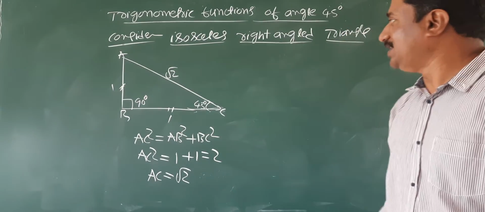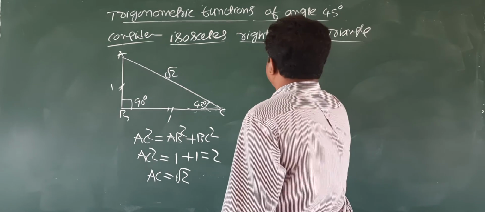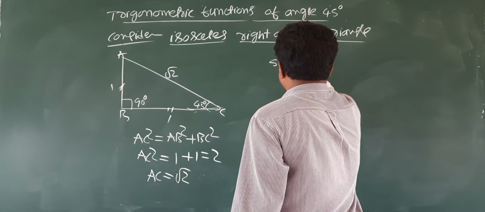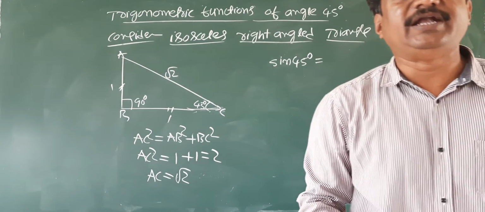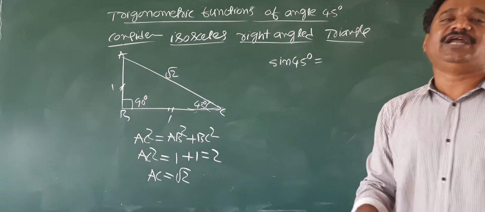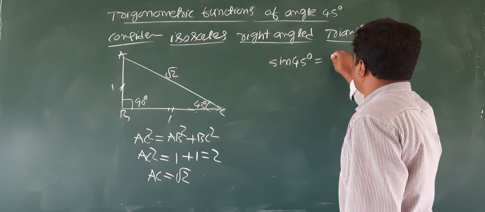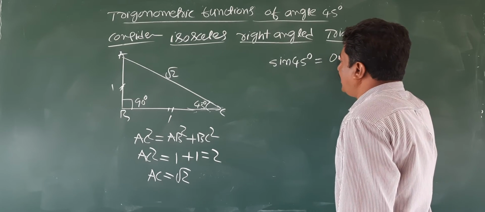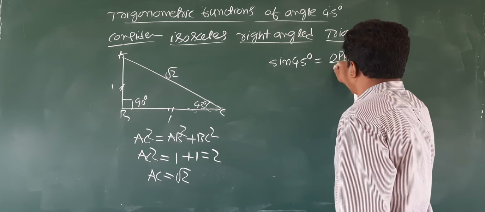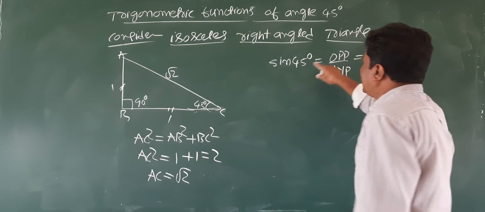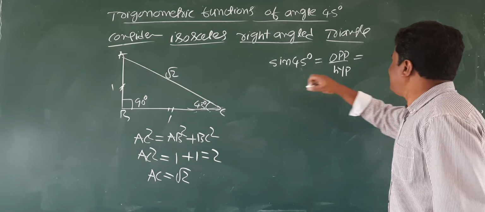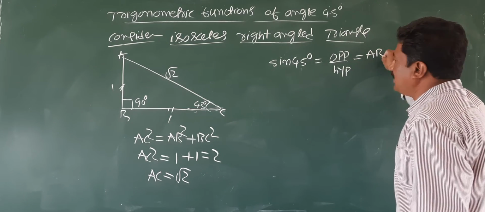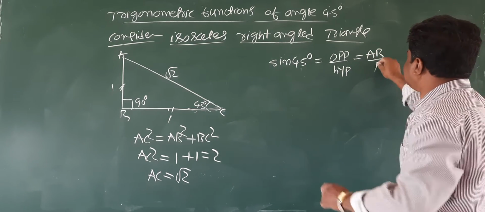Now you go for writing sine 45 degree. Sine theta means opposite by hypotenuse. So tell me the side opposite to 45 degree. It is AB. So AB by AC.